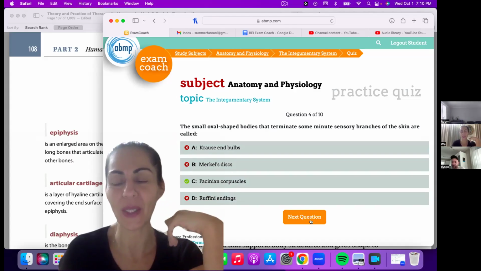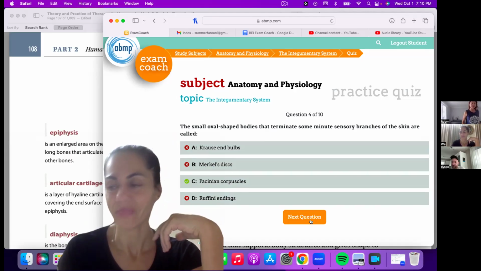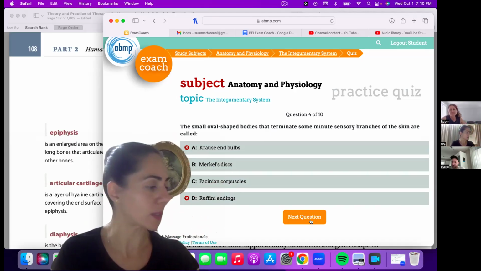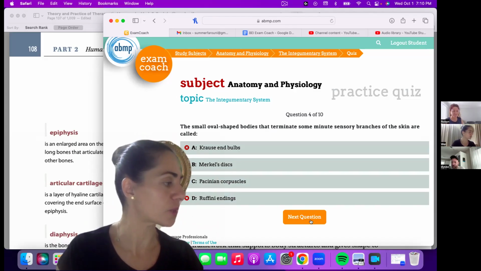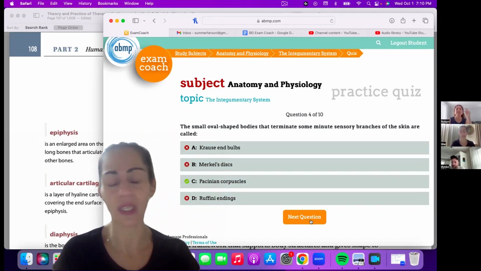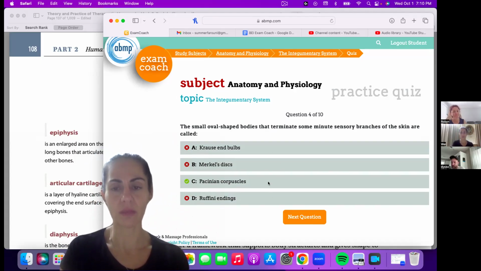But in the nervous system, we're going to go through them again and again. All the sensory organs are super important. That's what feels the pressure, the touch, the heat, the cold. Each one does something.